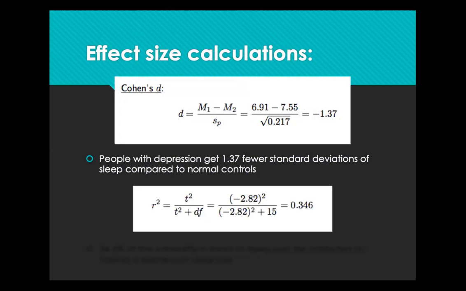Another way to calculate effect size is to use R squared. Again, you're just plugging numbers into the formula, your T obtained and the degrees of freedom.